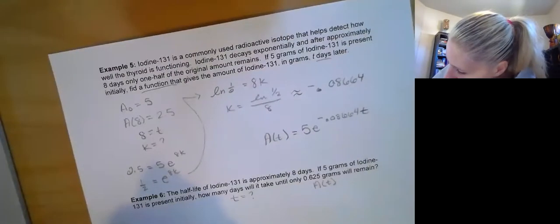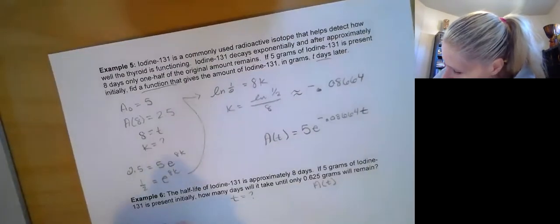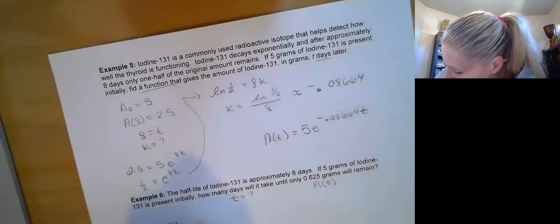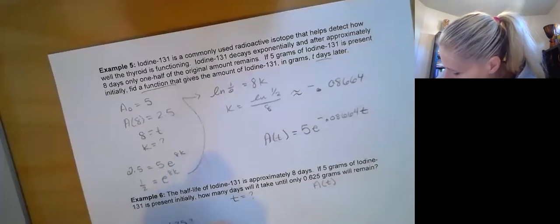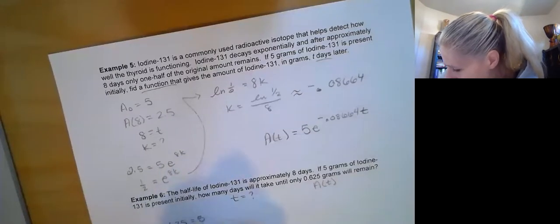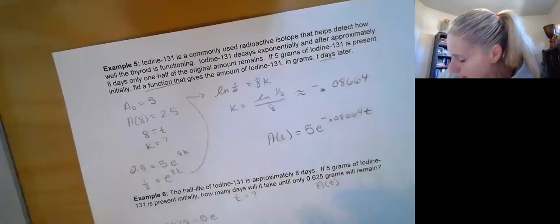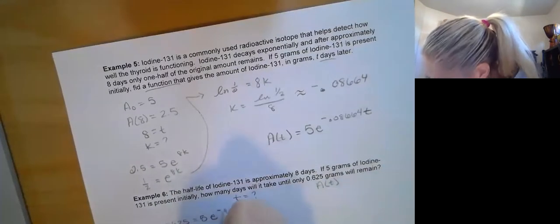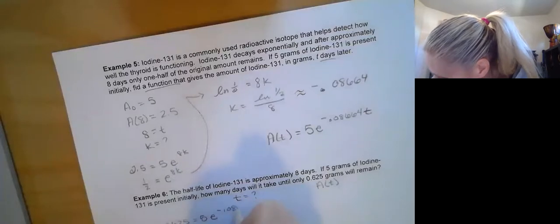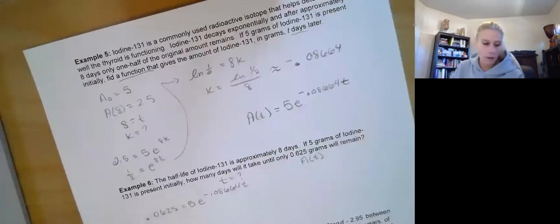So I know that we want our A of t to equal 0.625. We know we started out with 5, e, and now we know our k, which is negative 0.08664 t, and we're solving for t.